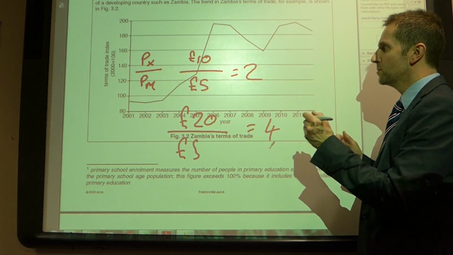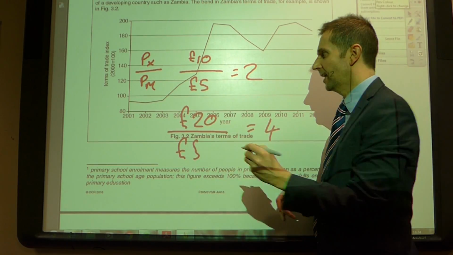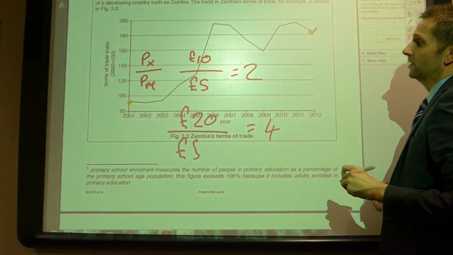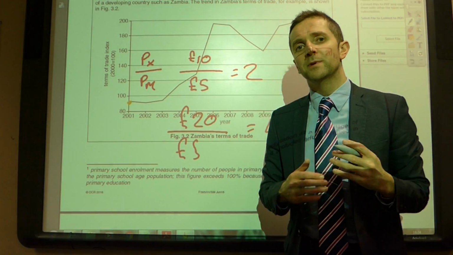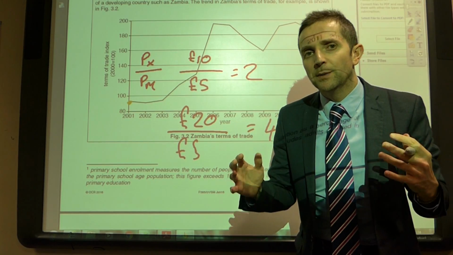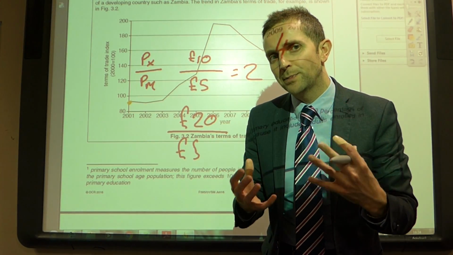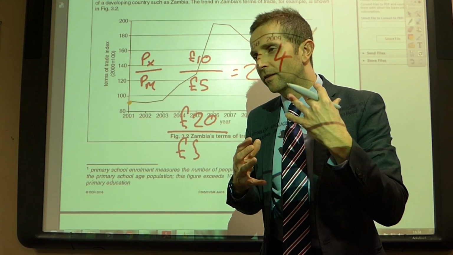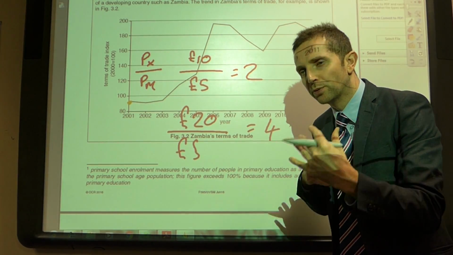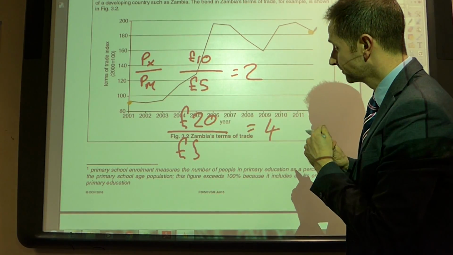So we can see that the movement on this data set from here to here does show an improvement in Zambia's terms of trade. So they will be able to be bringing into the economy more of the capital goods which they require for the development of the economy. There is an improvement in the terms of trade over this time period.